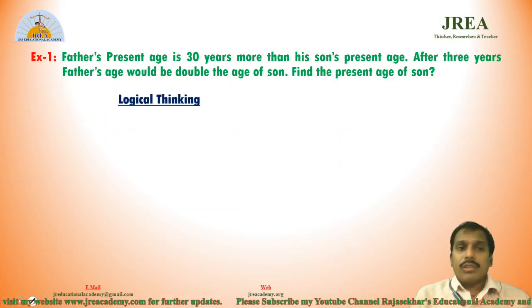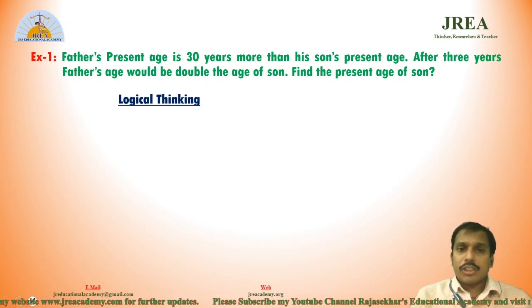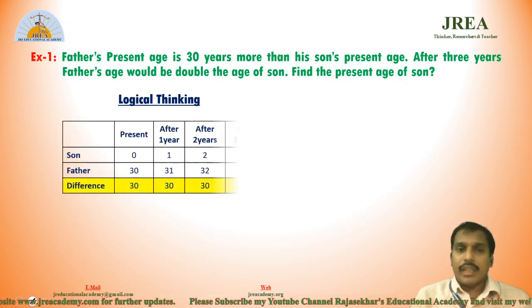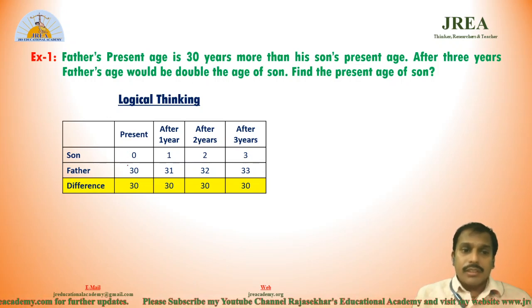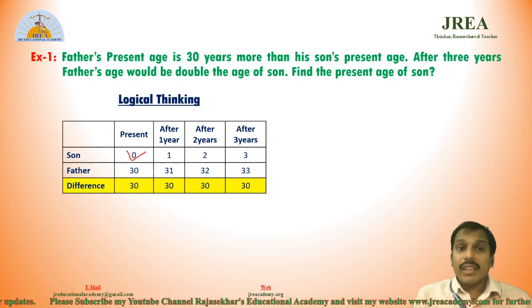Based on the first statement, I framed a table like this. For example, if the son's age is 0 years, meaning he is born now, then the father's age is 30, because the father is 30 years more than his son's present age.